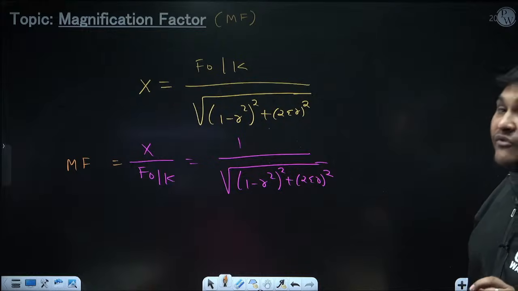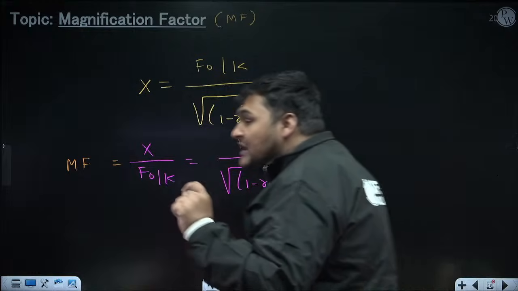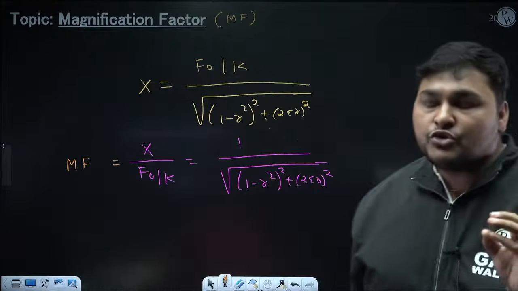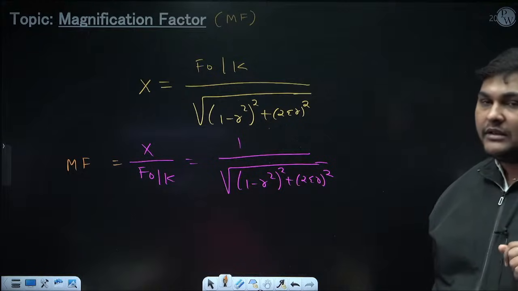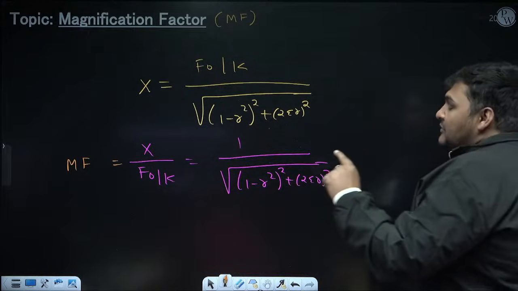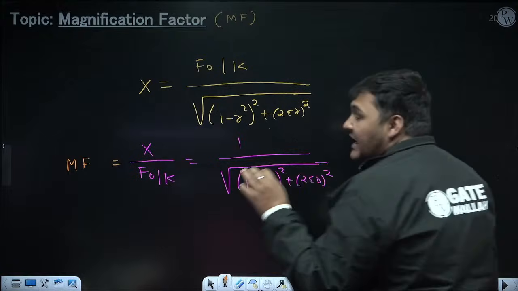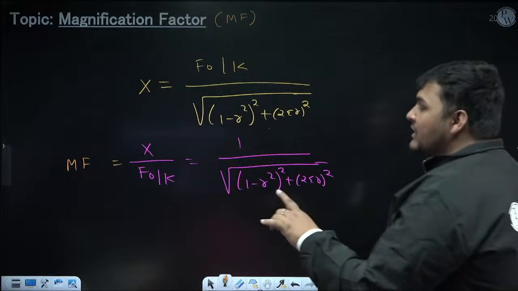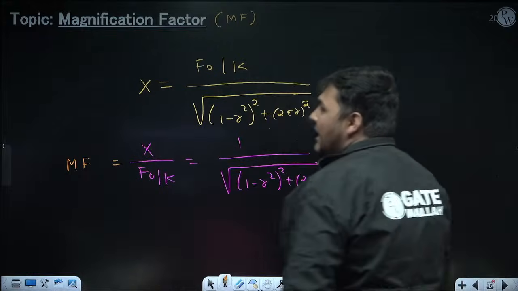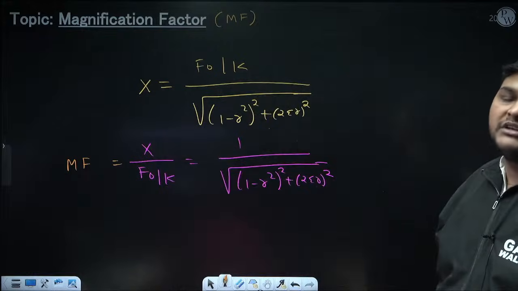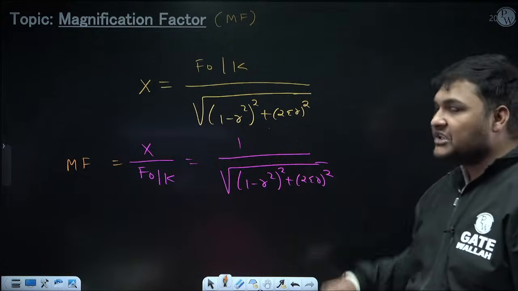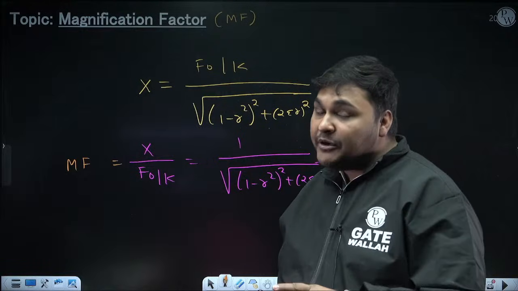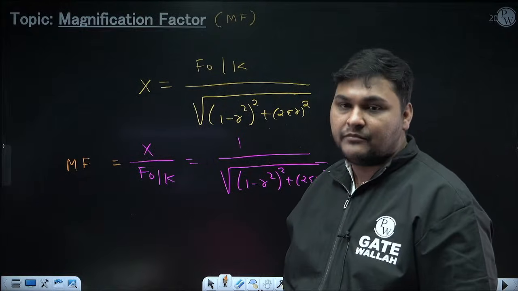And what do we want, should this ratio be less or more? I want this ratio to be as low as possible. The range in which this ratio is more is not desirable, because if the ratio is more, capital X will be more, and a larger value of capital X is not desirable for the system. Suppose for any system capital X is 2 meter, meaning the amplitude of that vibration is 2 meter.